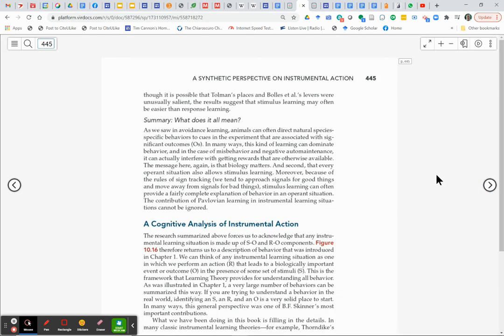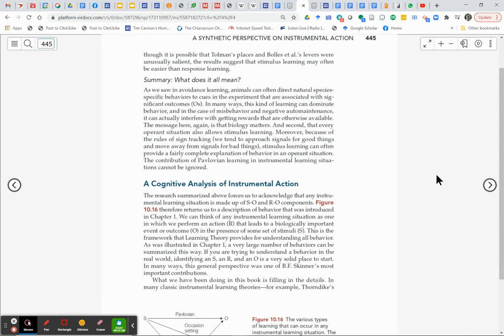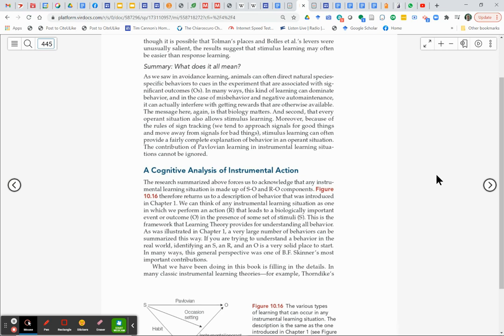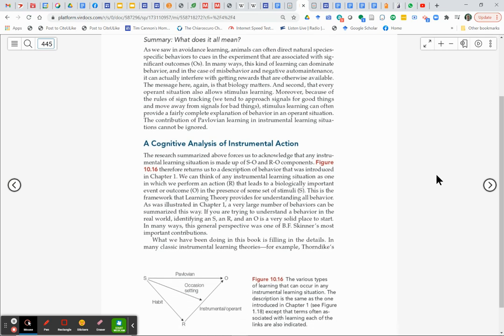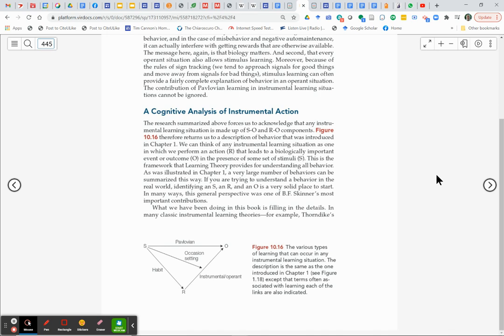So this really is the whole chapter. What does it mean? Species specific, biology matters, but certainly learning matters too. And cognitive analysis, there are the diagrams we saw from earlier in the book, and there's the S and the O and the R, and occasion setting and habit, where animals do things without thinking about it.